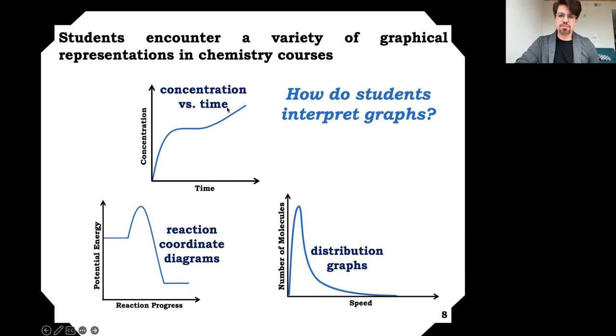So the way that you read a concentration versus time graph is different than how you might interpret a distribution graph or draw inferences from a reaction coordinate diagram. So here we're going to talk about how students interpret these different graphical representations.